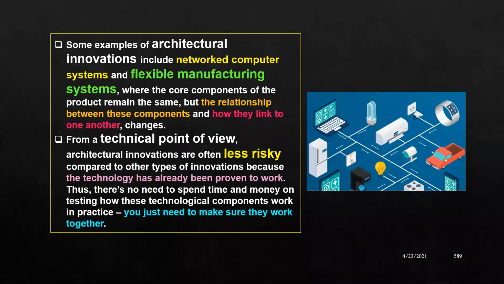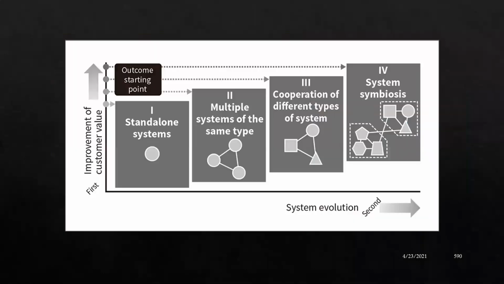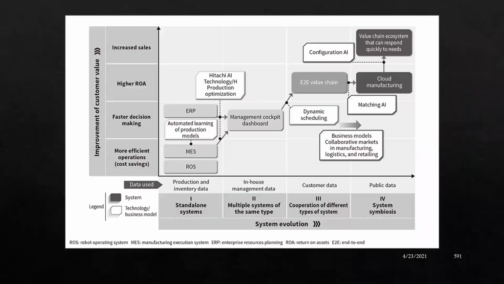So these are very important. By combining everything through the Internet of Things, sensors and communications, we are creating a networked computer system, or a networked, digitally enriched business ecosystem, and that will really help us improve the returns on assets, right?